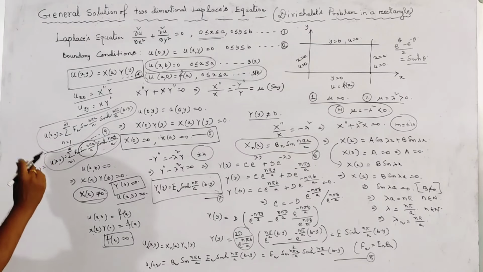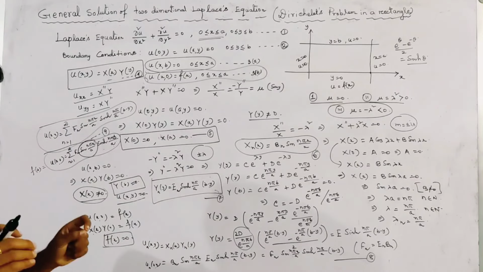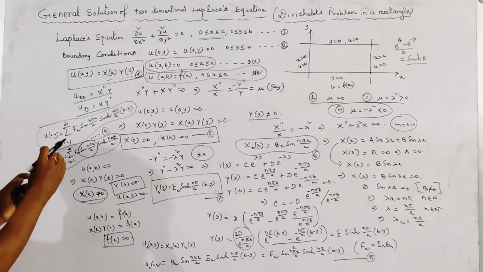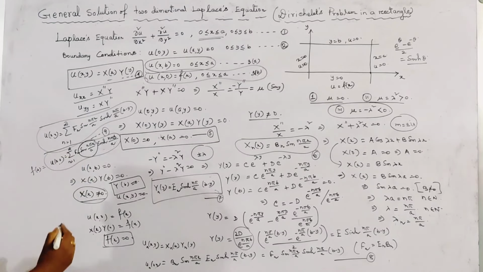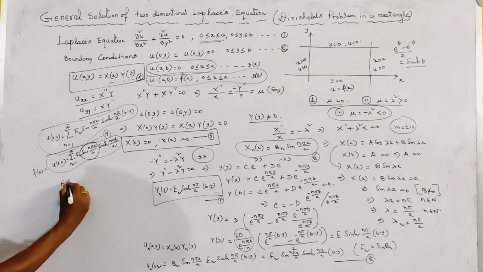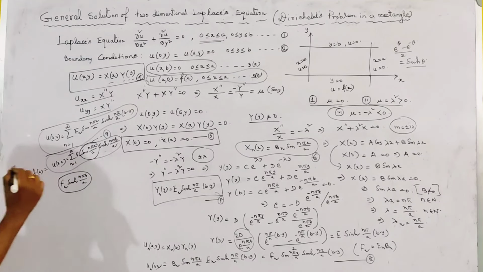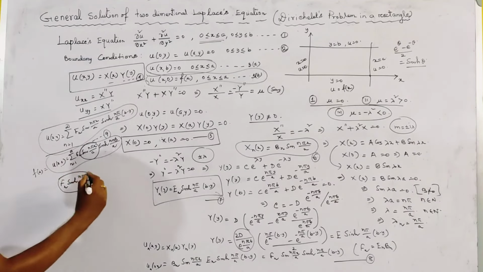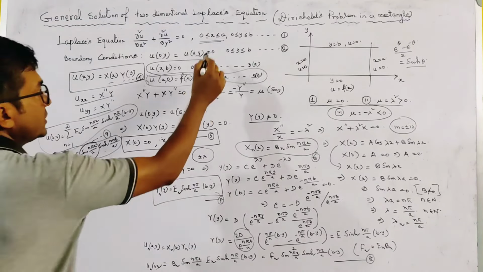Okay, now to find the Fourier coefficient, we use the formula of Fourier sine series, or half range Fourier series here, and we get the relation: f n into sine hyperbolic n pi b by a is the Fourier coefficient, and the Fourier coefficient is equal to 2 by the range of x, which is 0 to a.